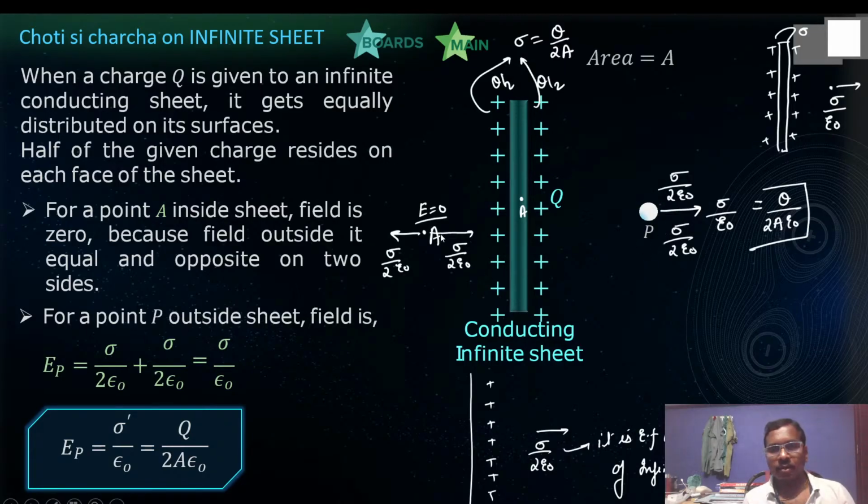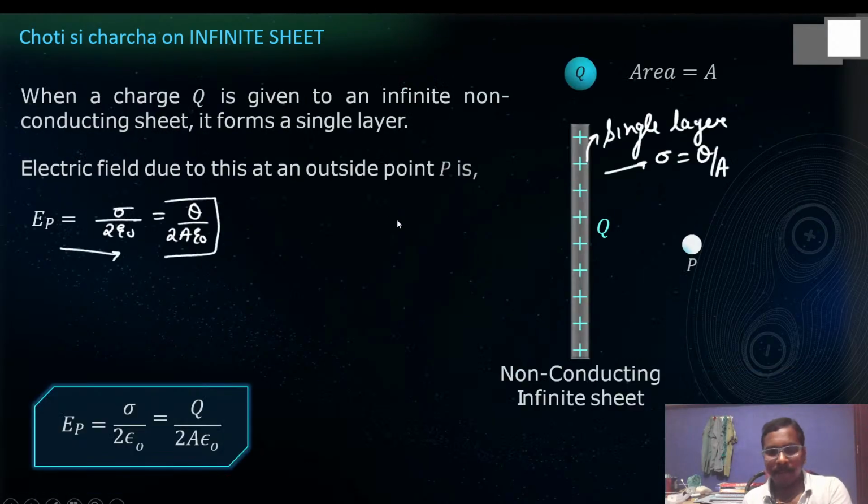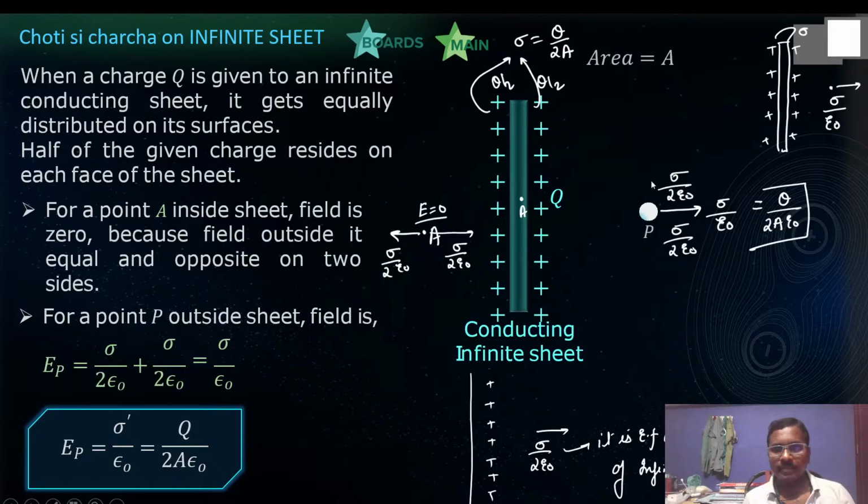Here we have to calculate the electric field at a point: right side, left side, middle. For the left side, this is the formula: sigma by 2 epsilon naught plus sigma by 2 epsilon naught, which is given by sigma by epsilon naught.